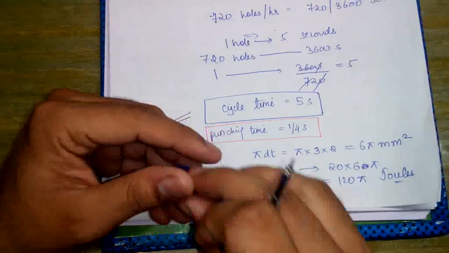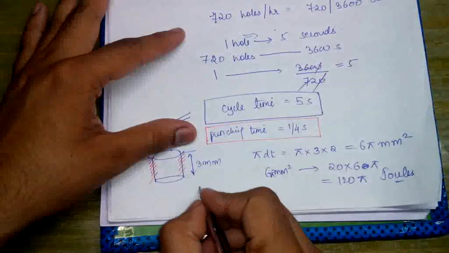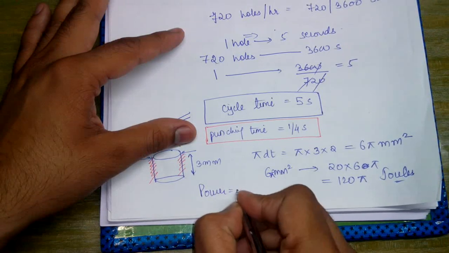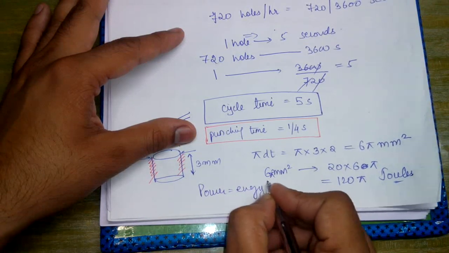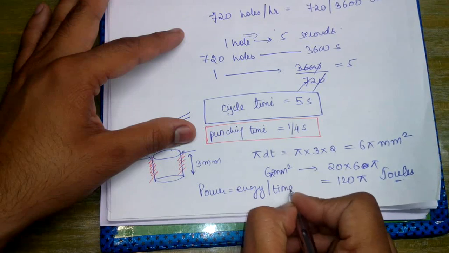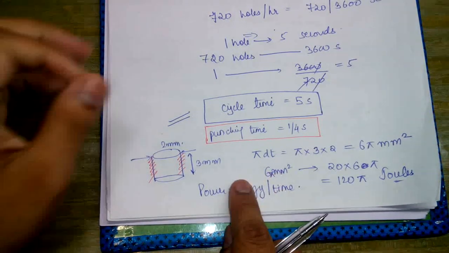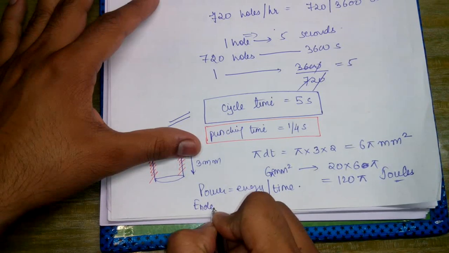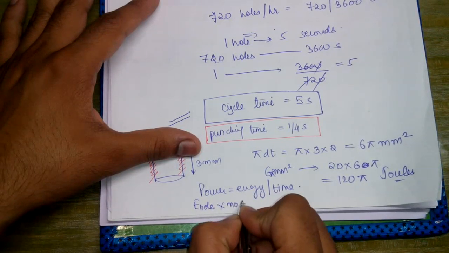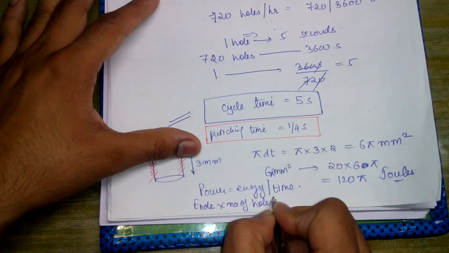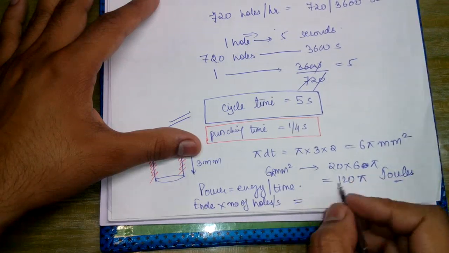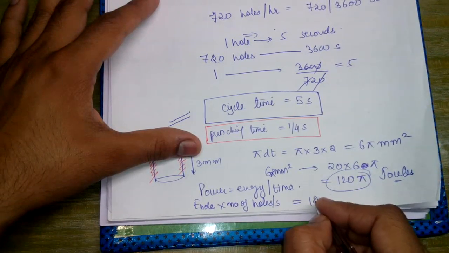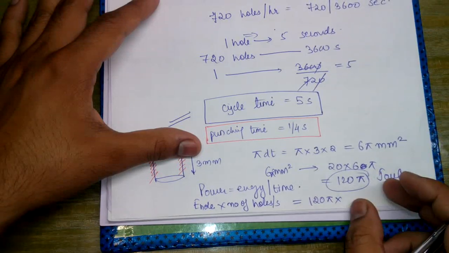Now what we know is power is simply energy or work upon time. So the energy would be the energy of one hole into the number of holes per second. The energy has been given as 120 pi into the number of holes per second.